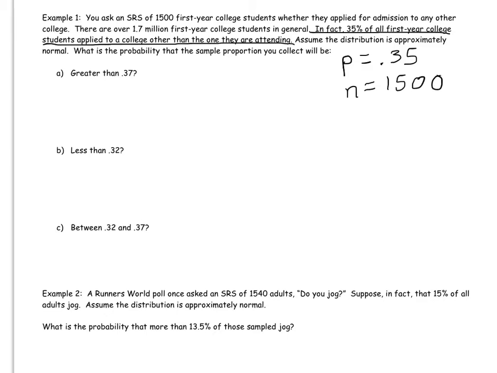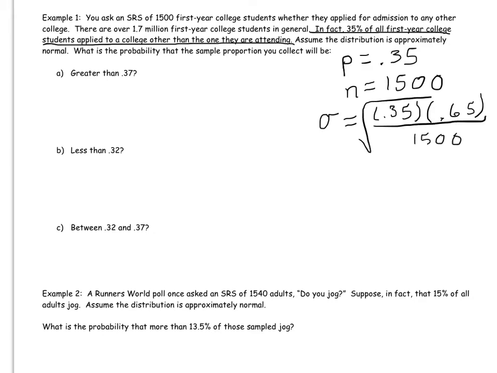So the first thing I'm going to do here is compute the standard deviation using the formula from above. So it's the square root of P times 1 minus P, 1 minus 0.35 is 0.65, divided by the sample size.